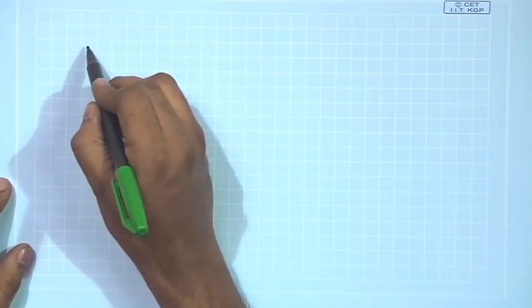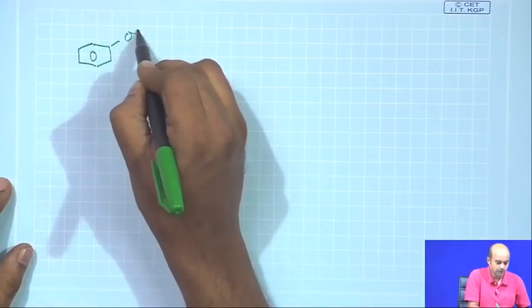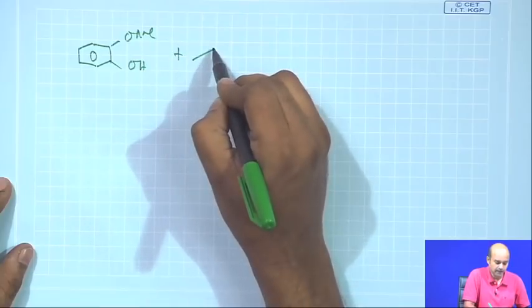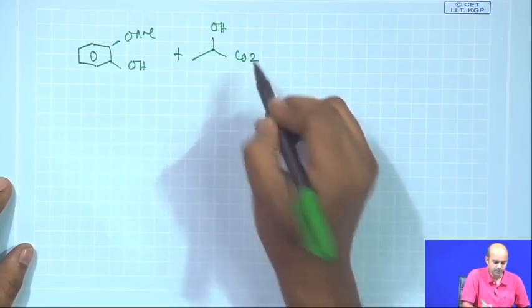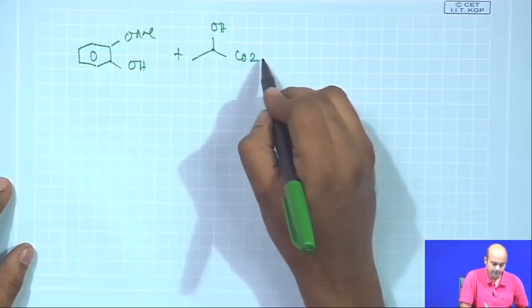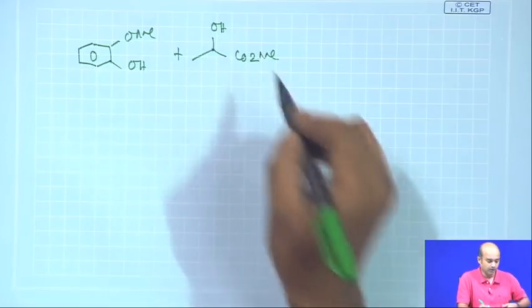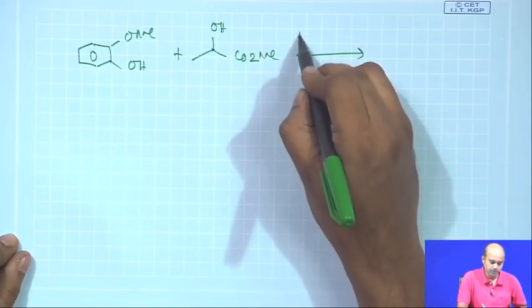So, now we will go back to the original problem which was given to you. So, first you have guaiacol and your lactate. We did not discuss the stereochemistry. So, that is why we put a simple bond, we did not put an alpha or beta bond. So, now here you do a Mitsunobu reaction.